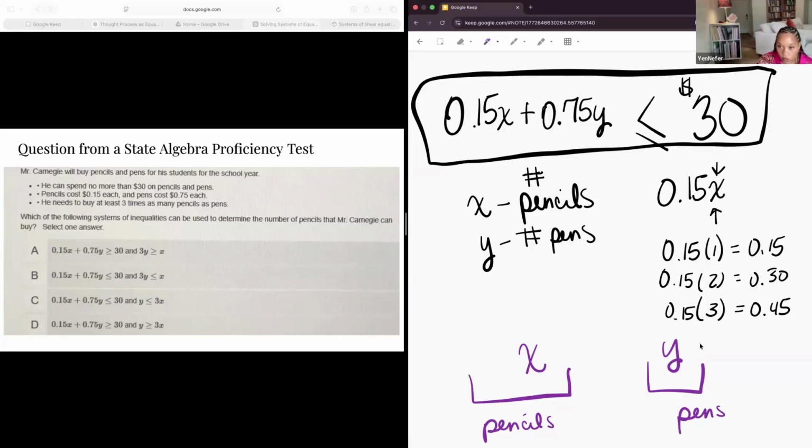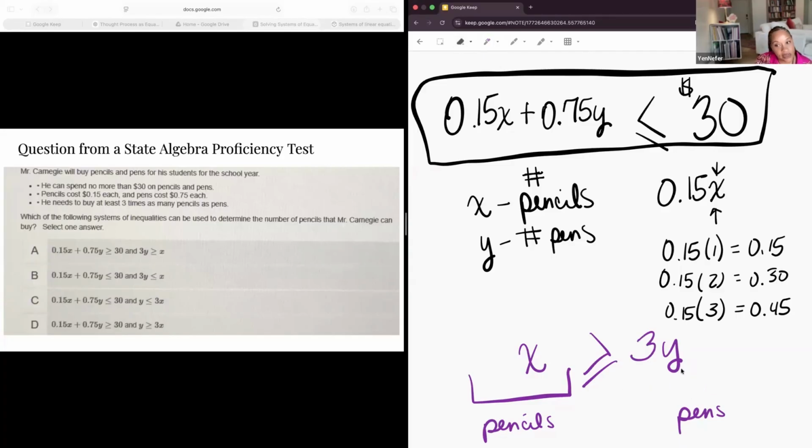So the number of pencils needs to be greater than or equal to the number of pens. But how do we show that? How many though? 3 times as many. So that means we're going to be putting 3 here. 3 times as many pens.